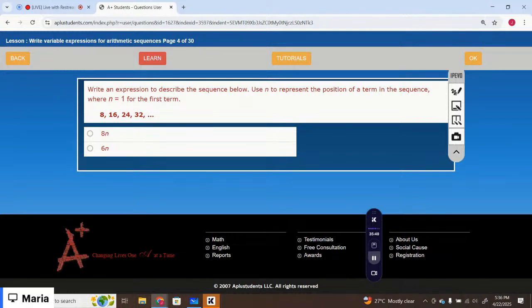Write an expression to describe the sequence below. Use n to represent the position of a term in the sequence, where n equals 1 for the first term. So which is the correct option?